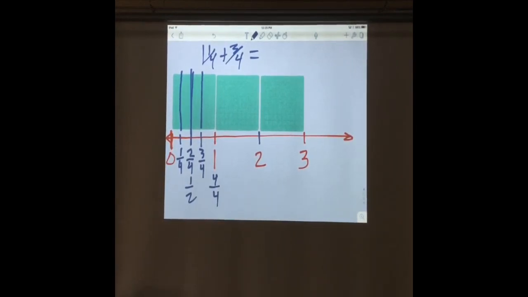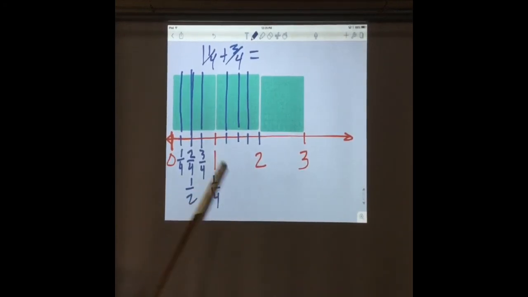And here again, when we draw it out, we draw our half, right? And then we cut our halves into half. So this would be what? A fourth.